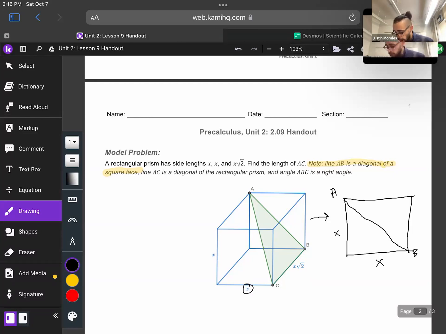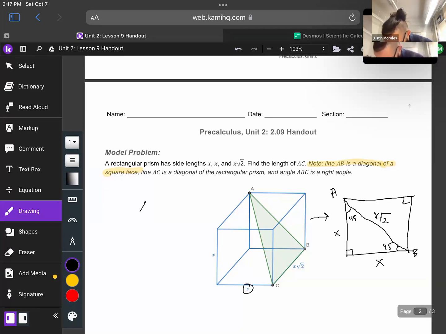In a square, every angle is 90 degrees, but this diagonal bisects the right angle, so it makes a 45-45-90 right triangle. The legs of the right triangle are the same, and the hypotenuse will be x radical 2. So far we've figured out one length.